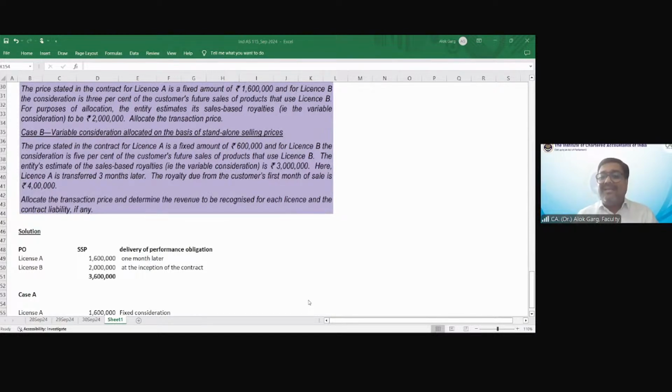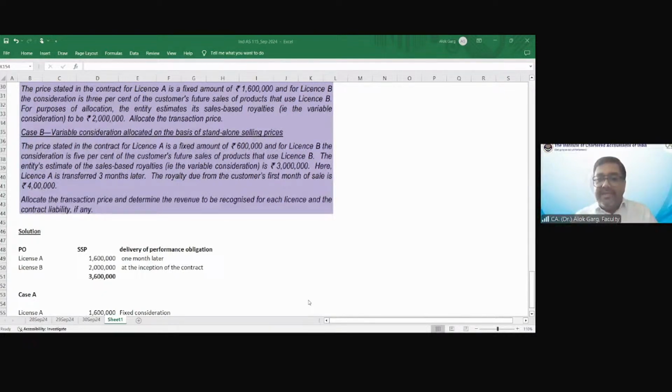The price stated in the contract for license A is a fixed amount of 6 lakh. And for license B, the consideration is 5% of the customer's future sales of products that uses license B. In the first two lines, it has given you the fixed consideration of product A, and for product B, 5% of the customer future sales, means royalty.